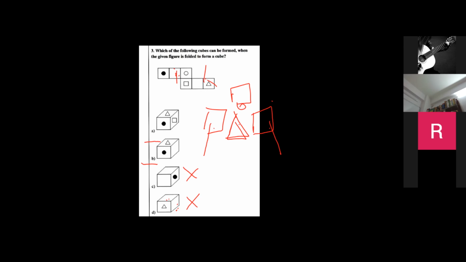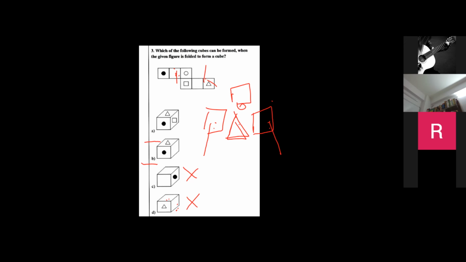Yes, ma'am. You can even cross check, by the way, with how you folded the cube, that these empty sides make the opposite pair. Accordingly you cross check and tell me whether it is A option or B option. A option. A option.